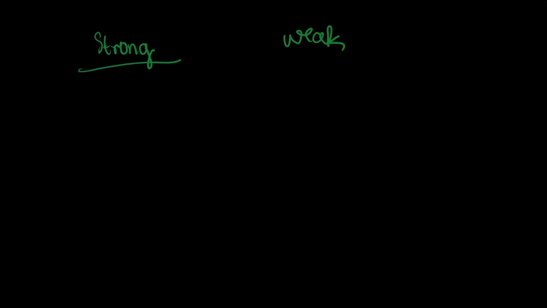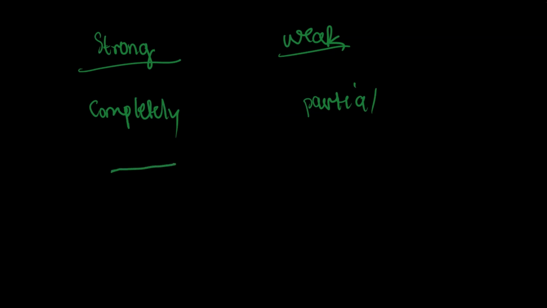Now, this brings us to the idea of strong and weak acid. A strong acid is an acid that completely dissociates in water, while a weak acid partially dissociates in water.